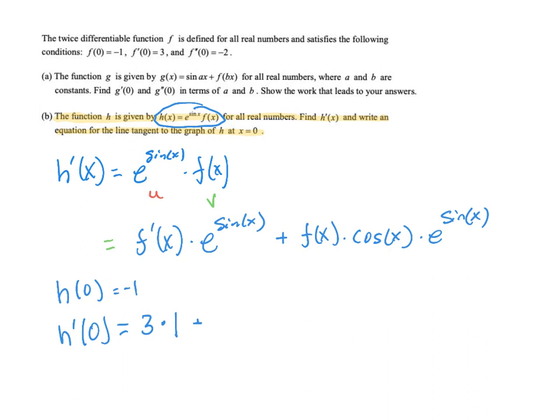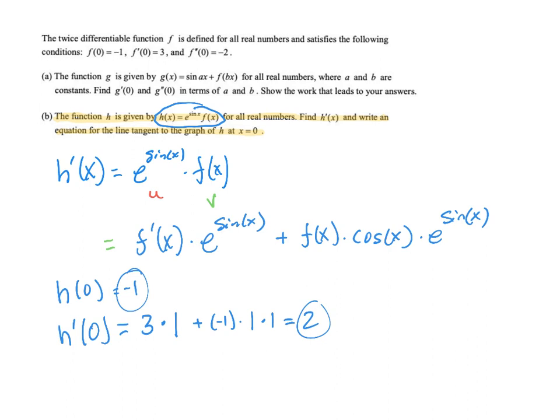Plus f of 0, which would be negative 1, times cosine of 0, which is 1, times e to the sine 0, which is also 1. So this turns out to be 2. 3 plus negative 1 equals 2. So my point is 0, negative 1, and my slope is 2.